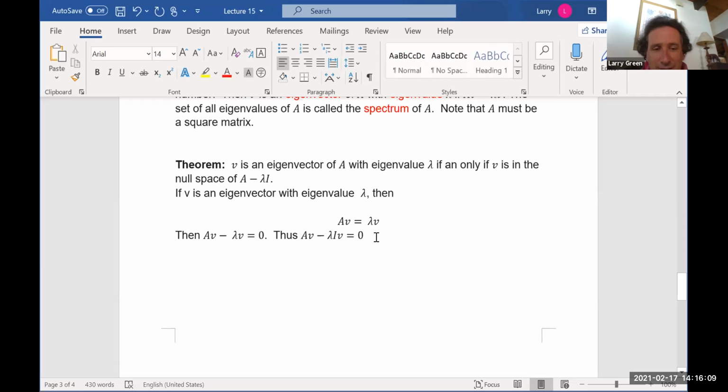That we can do. And next, now I can factor out the V. And you can say A minus lambda I times V equals 0. And now it makes sense because A minus lambda I can do that subtraction. That's subtracting two matrices. Any questions on that subtle step?